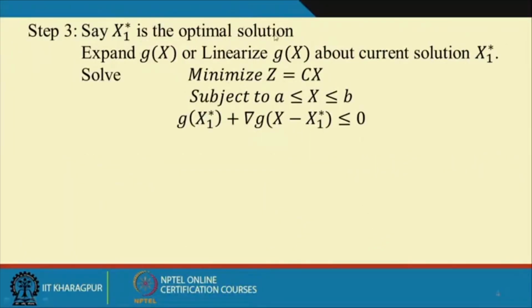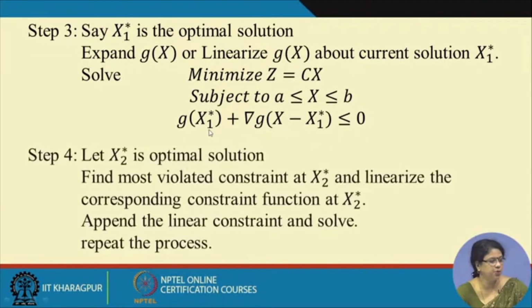We will get the optimal solution for this problem, where g x has been expanded at a given point x1 star. Now, if this is not there, how can we really get the optimal solution? I will explain that in the next part.